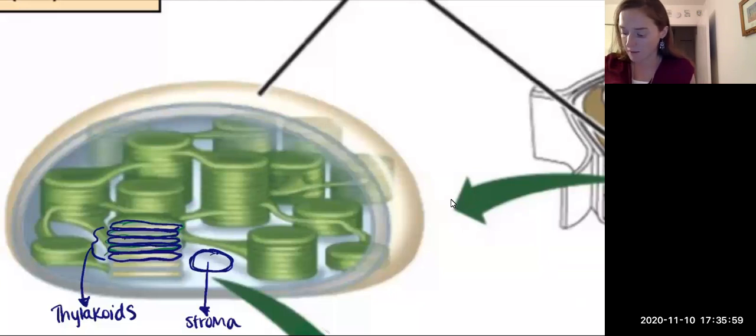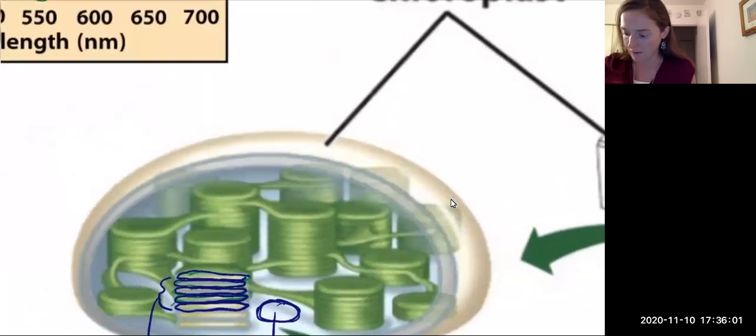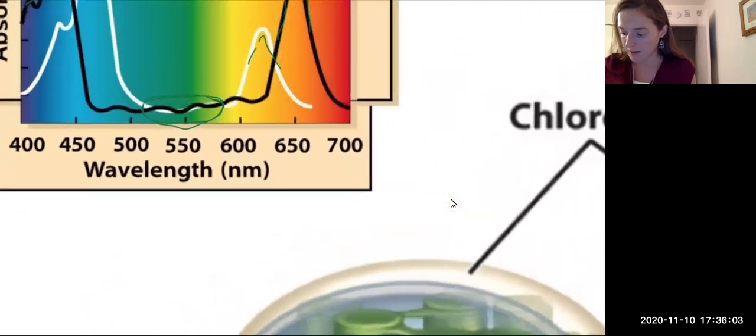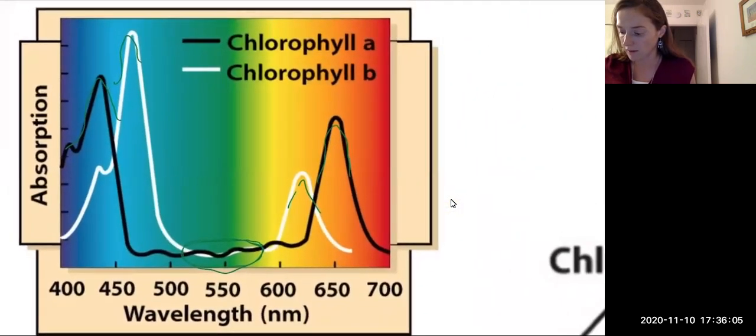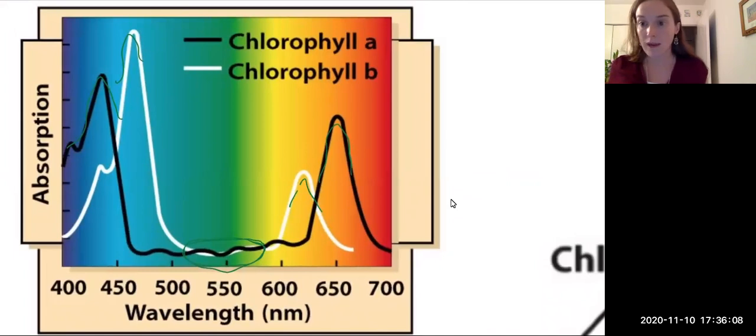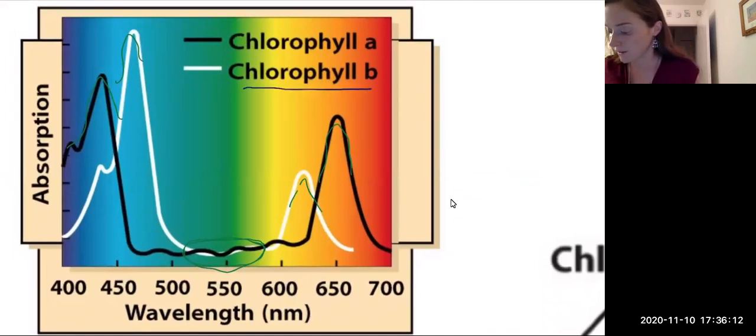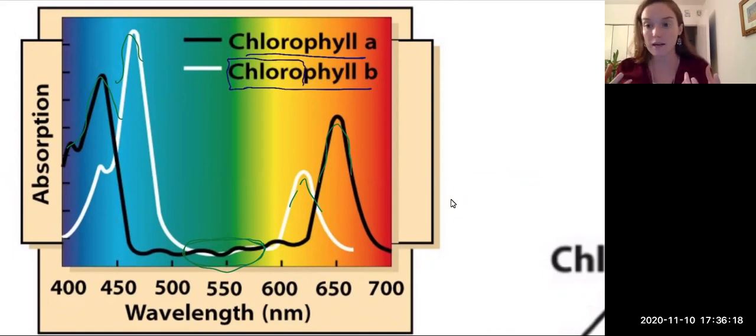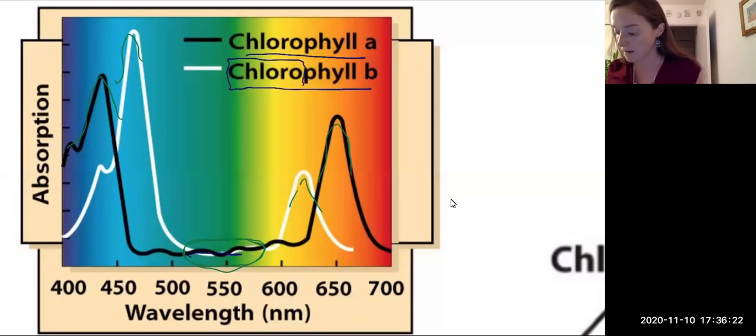There are molecules inside of these thylakoid membranes called pigments that absorb light, special wavelengths of light in the visible spectrum. And you probably know that chlorophyll is the main one that we hear about. Chloro is that Greek root for green. So they appear green to us. We see them as green because they're not absorbing green.